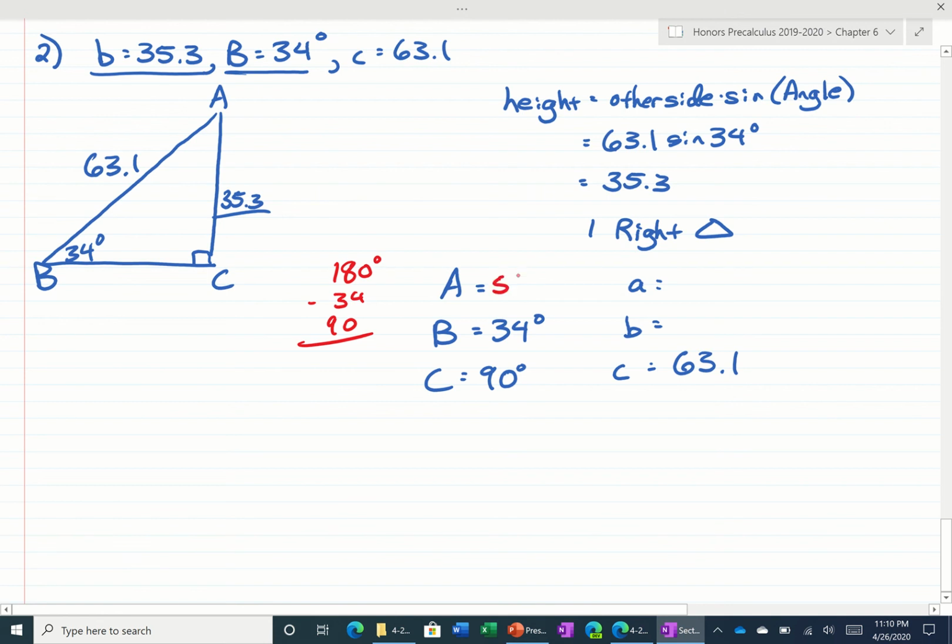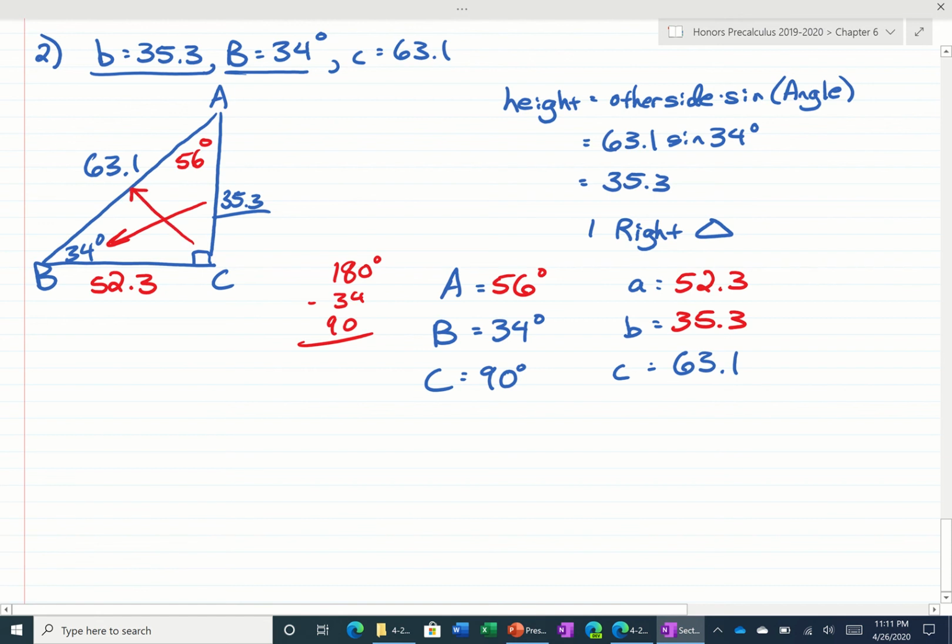That's 56 degrees. And then side B we know is 35.3. And then if we use the Pythagorean theorem, 63.1 squared minus 35.3 squared, and the square root of that I'm getting is 52.3. So just double check: smallest side, smallest angle, largest side, largest angle. Alright, so that would be that.